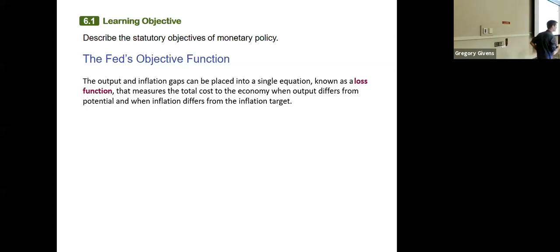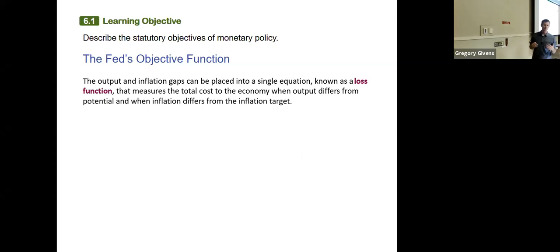Okay, now I don't want you to get confused about the terminology. But a central bank loss function depends on the output gap and the inflation gap. And it's just a single equation that depends on those two variables. It is a specific type of objective function. Okay? Here's the way I want you to think about this.